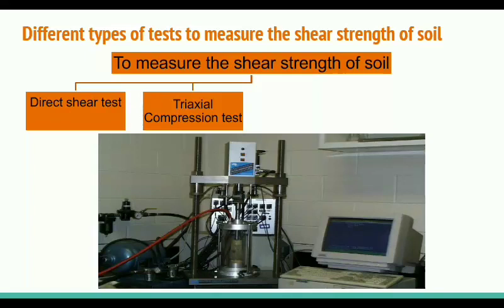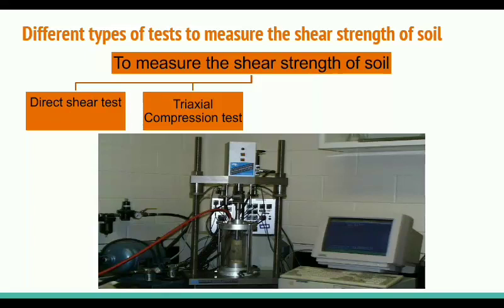We can also draw the Mohr circle at any stage. In the direct shear test we can draw the Mohr circle only at the failure stage, but in the triaxial compression test we can draw the Mohr circle at any stage. That is one of the advantages of this test.